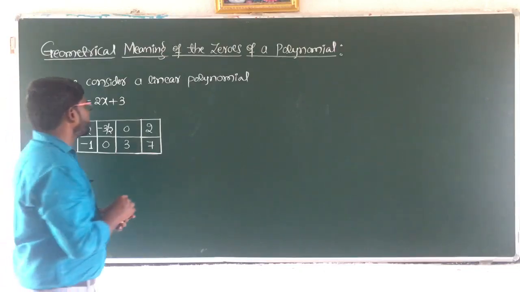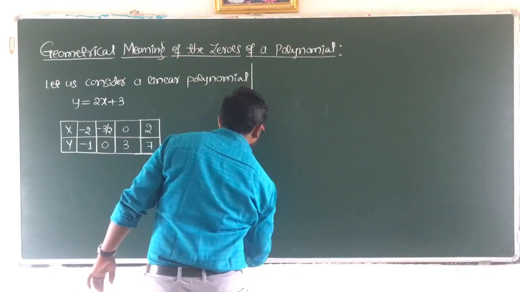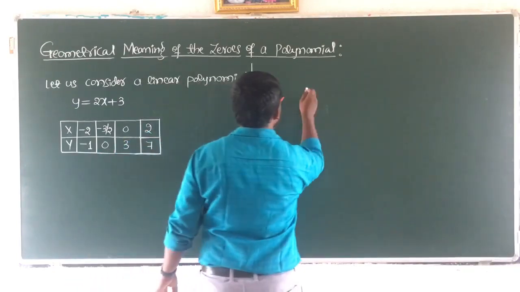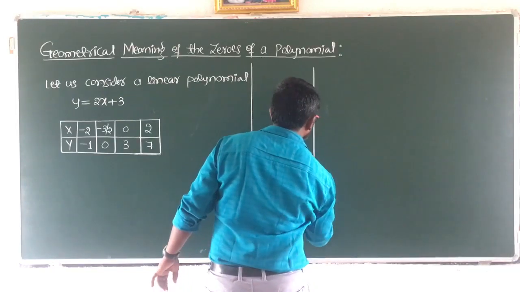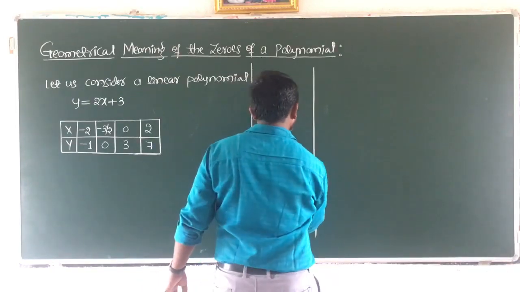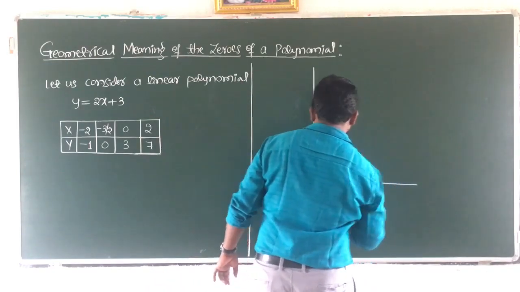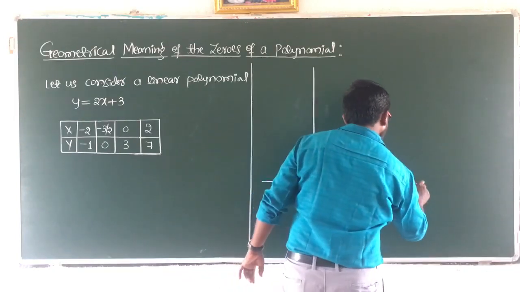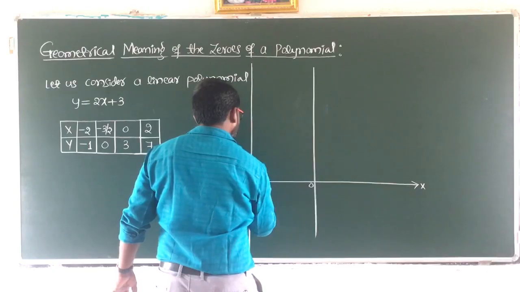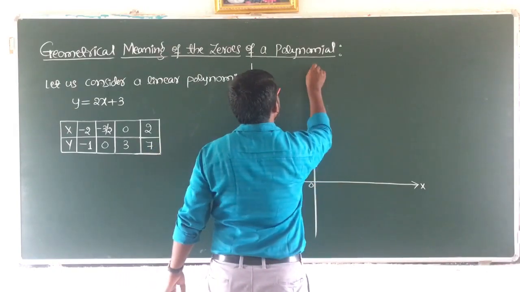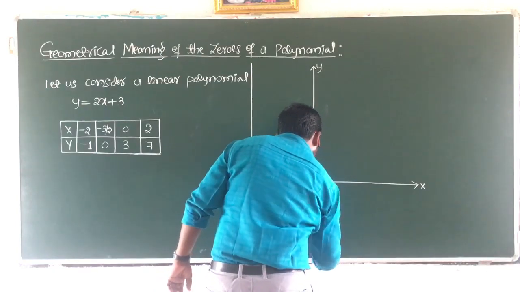Now, I will go for the graph. Here is the origin, this is the x axis, this is x dash, this is y and this is y dash.